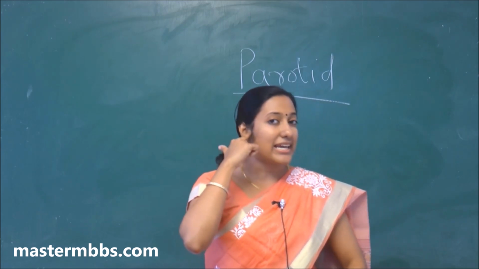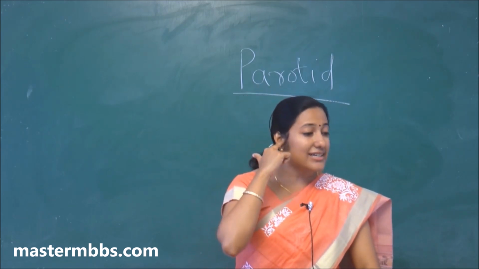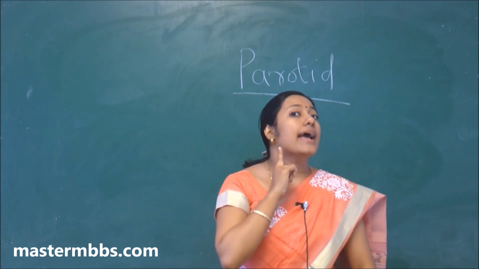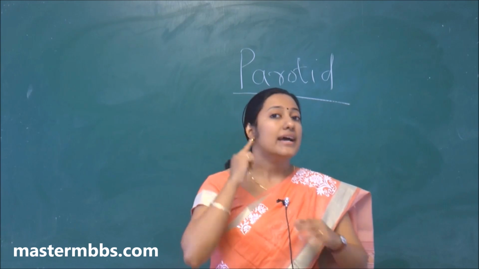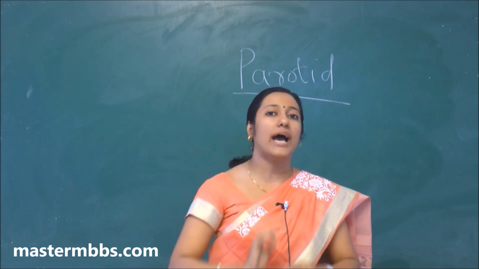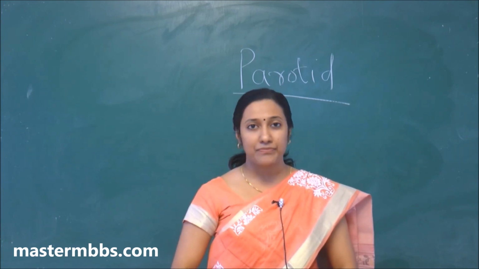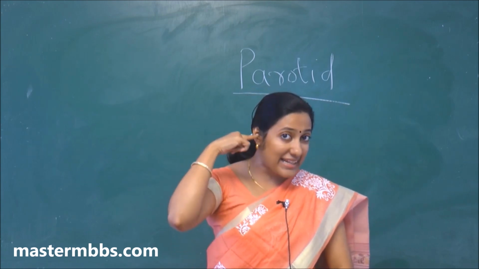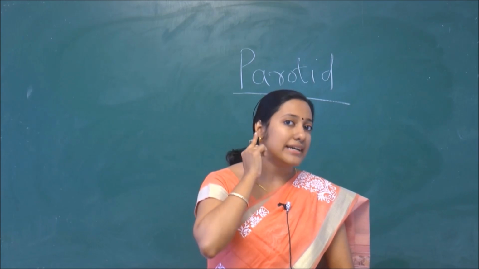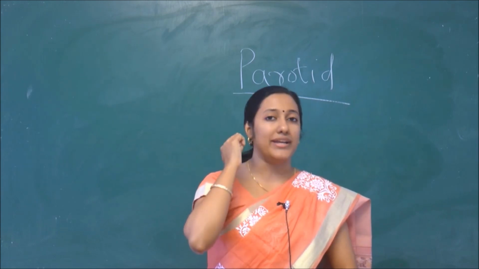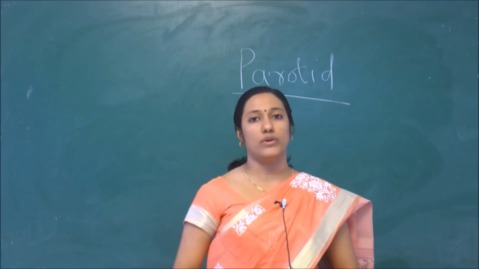Superiorly you have the external acoustic meatus and also one joint, the posterior aspect of the temporomandibular joint. So superiorly the external acoustic meatus plus the posterior aspect of the temporomandibular joint forms the superior boundary.